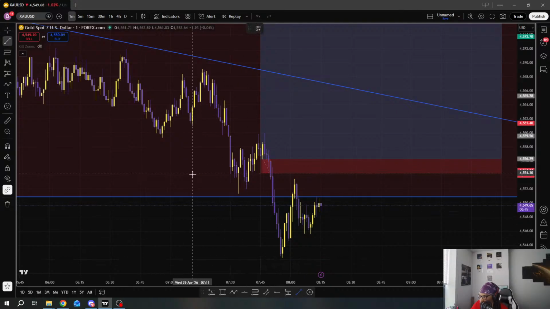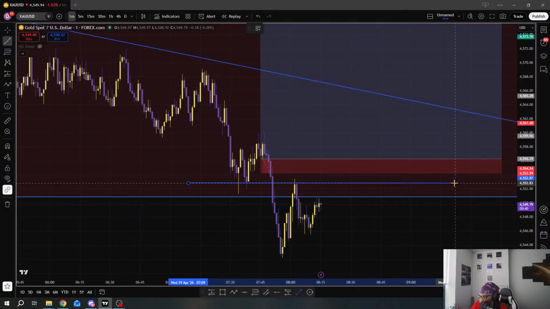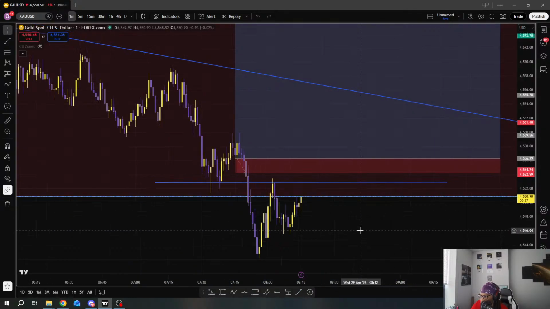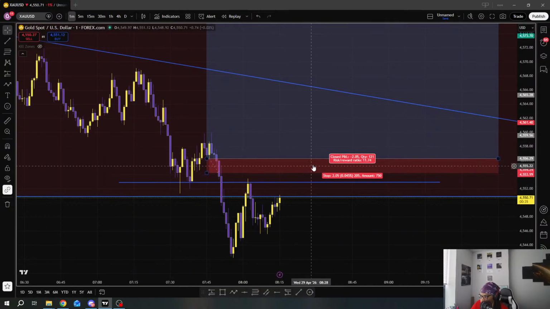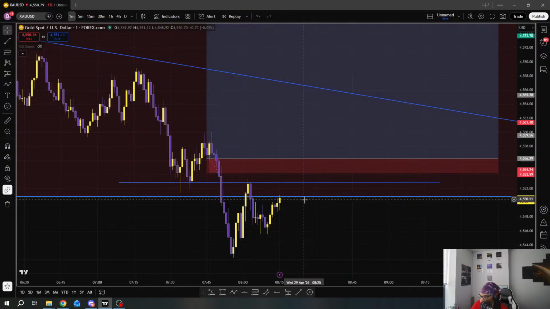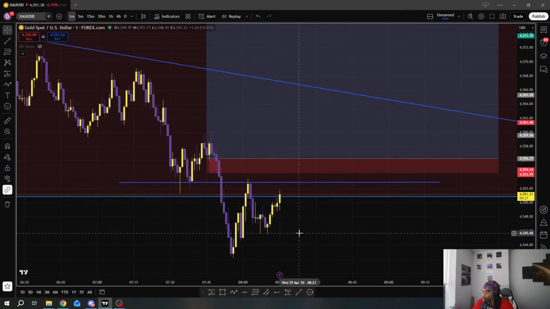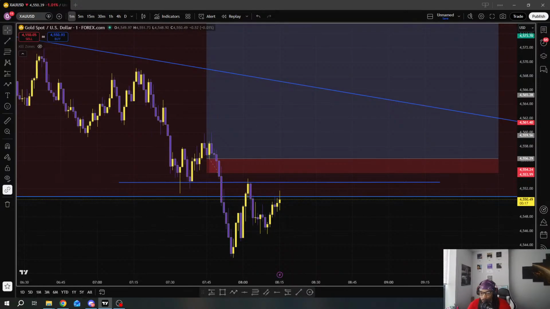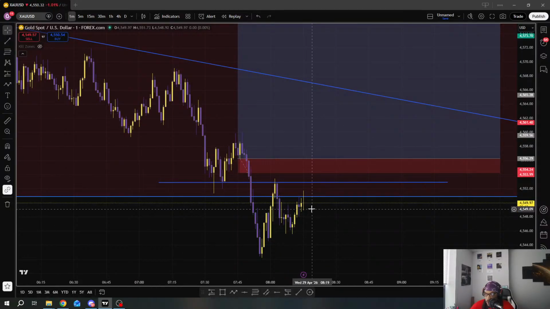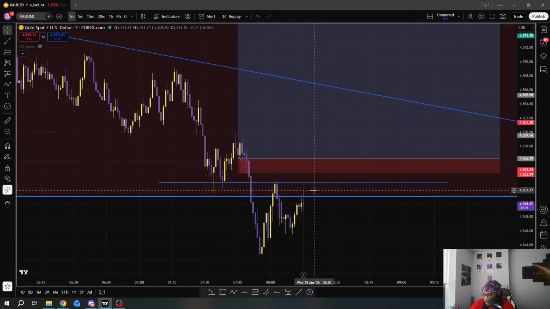So if we get a break here, this neckline, a break and a close above this, and then a retest of this neck, then we may just be in good standing. Tell me we can't even close strong above this level.